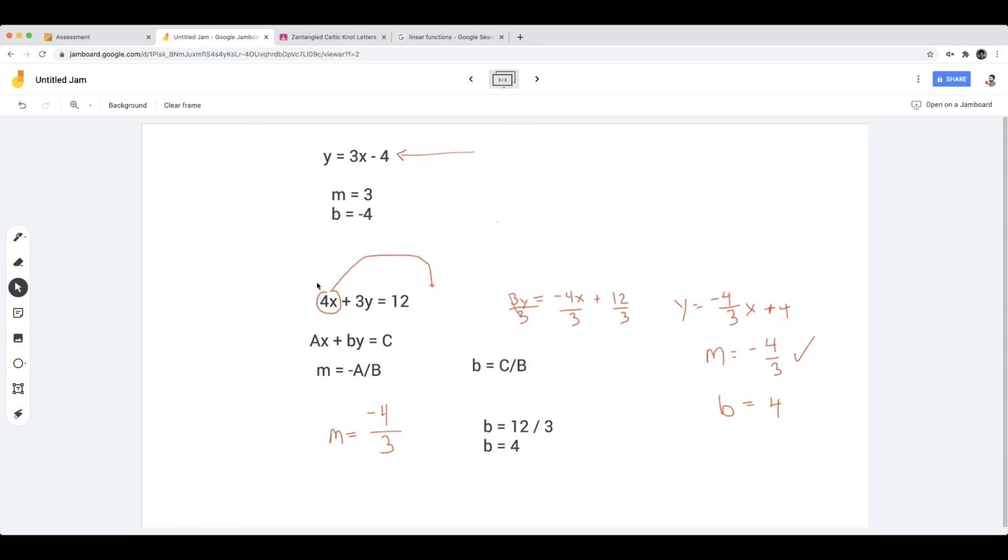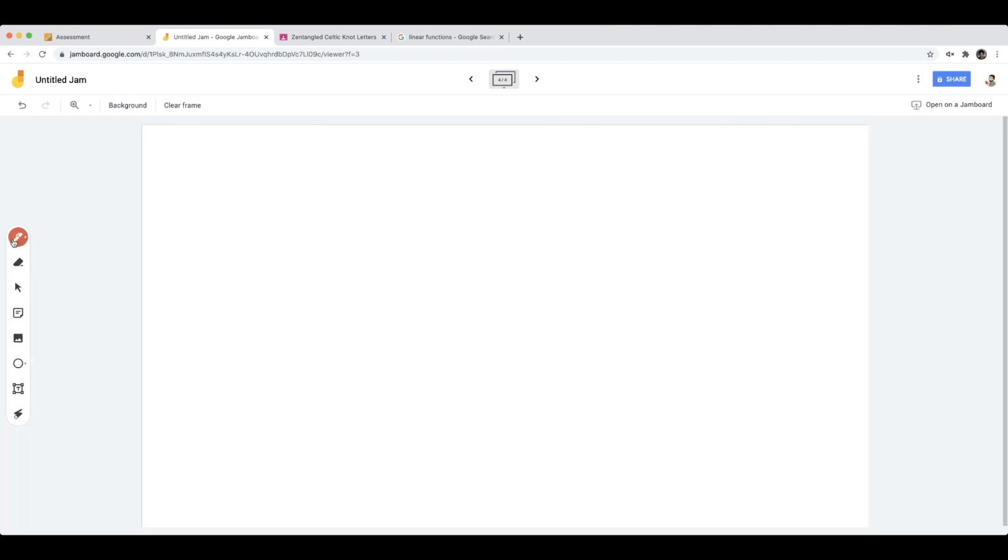Now, a quick example, let's put some negatives in there somewhere. So for example, let's say we have negative 5x minus 3y, let's say they were both negative, equals 15. So what's my slope? Slope is going to be equal to negative a divided by b. So in this case, it's going to be negative, and then a is negative already, so negative 5 divided by negative 3.